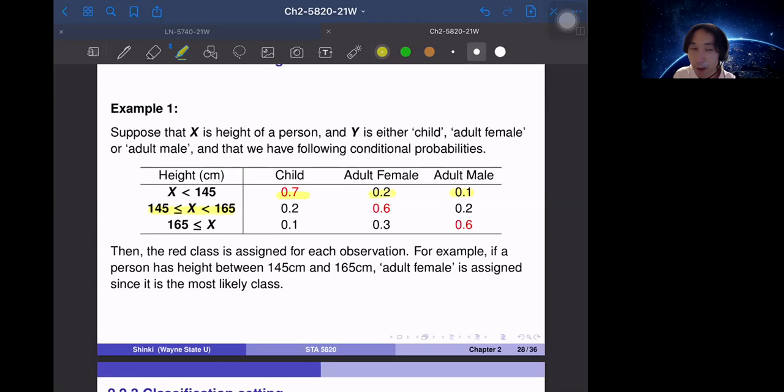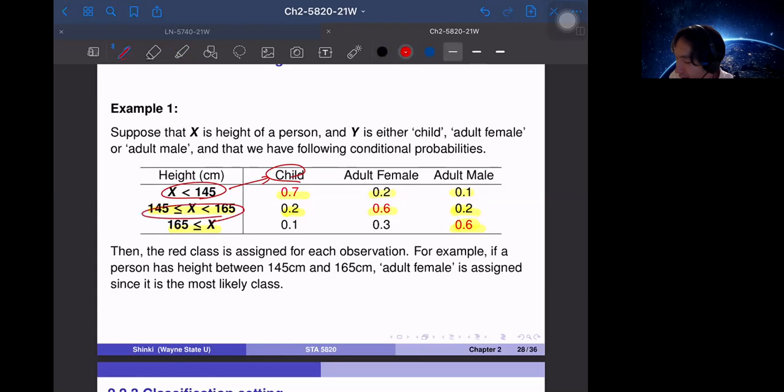If height is between 145 and 165, the model predicts that person is an adult female, and that may be 60% correct, but 20% child and 25% adult male, so 40% incorrect. And if X is equal to or more than 165, we predict adult male, and this is 60% correct. So this rule means that if X is less than 145, we predict that person is a child.